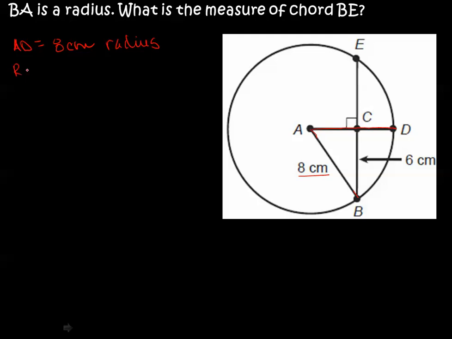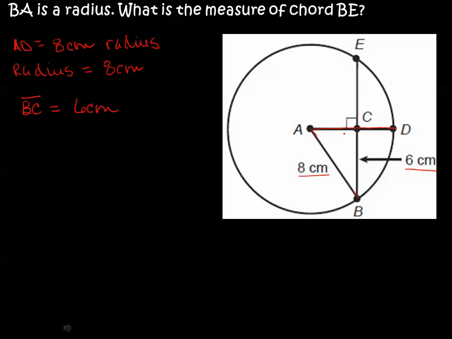And we were told the radius equaled 8 centimeters. Alright, but let's look closer at the picture because I don't think we're going to need that information. It says here that segment BC is 6 centimeters.